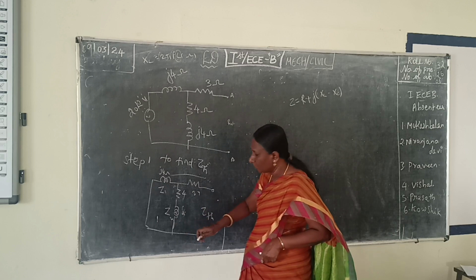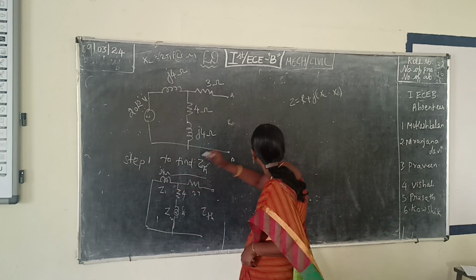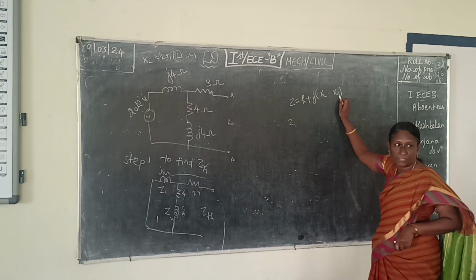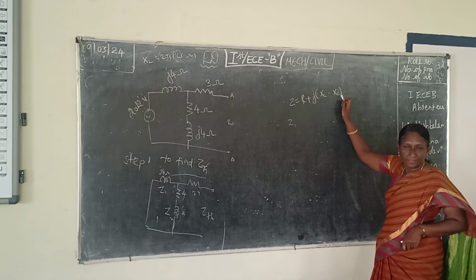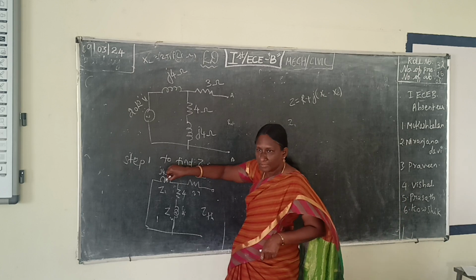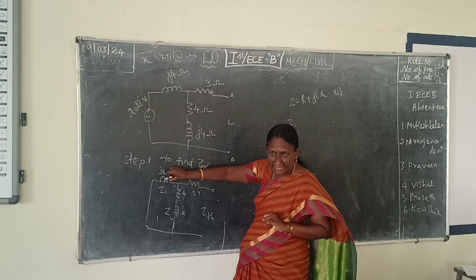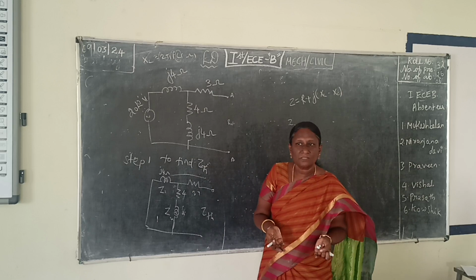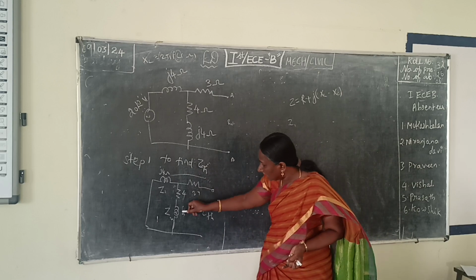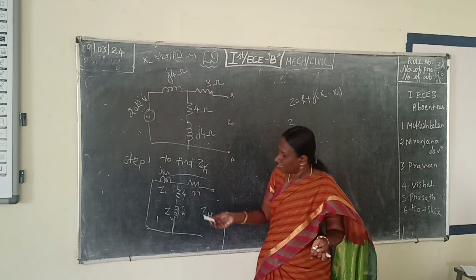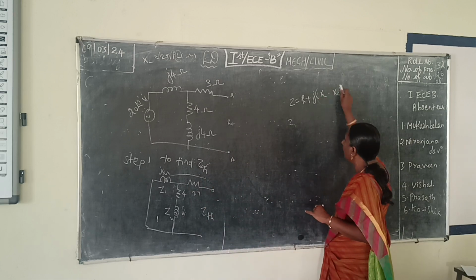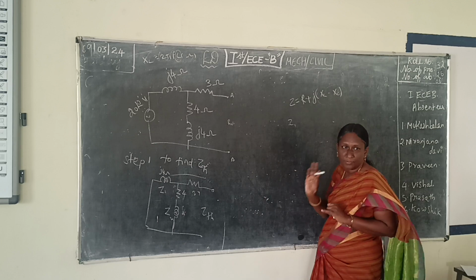It means that in this Z1 the R is 0 and XC is 0, so the resistance value is 0 and the capacitive reactance value is 0. Similarly here the capacitive value is 0, and here the inductive reactance value is 0. That is the meaning.